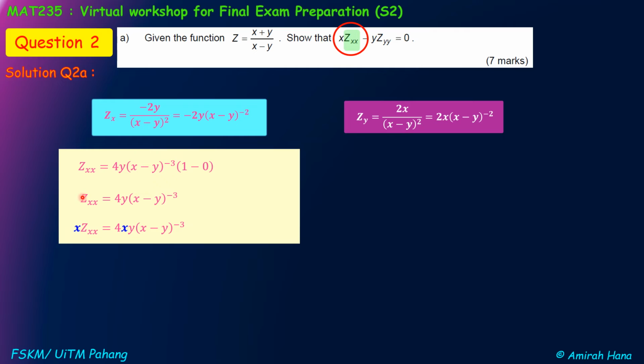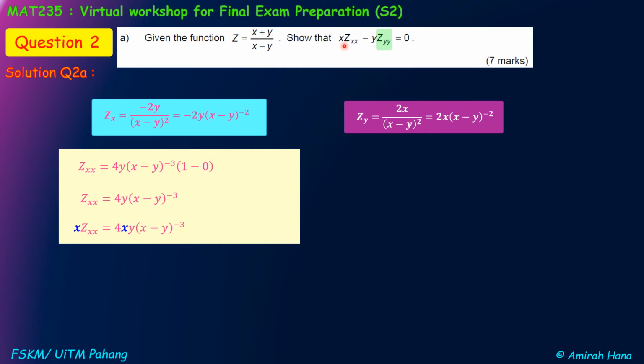After we multiply both sides by x, we have x zxx equals 4xy bracket x minus y to the power of negative 3. Yeah, this is our x zxx.